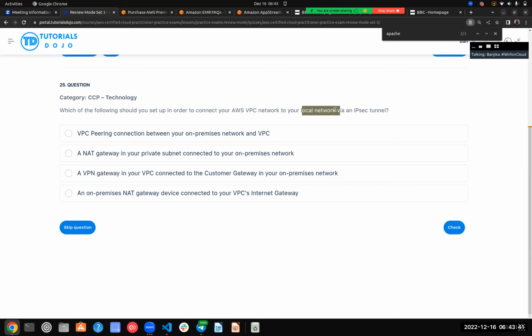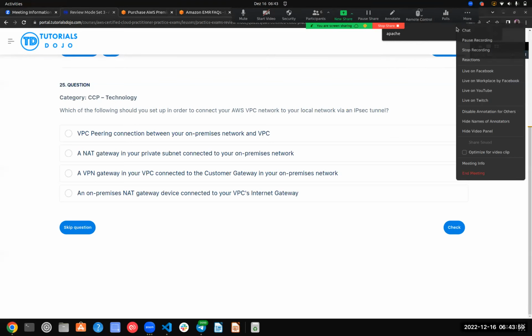That was done in networking. I don't know IPsec tunnel, but for network, I think it's always a VPN gateway. Okay, the answer is C. That's fine.